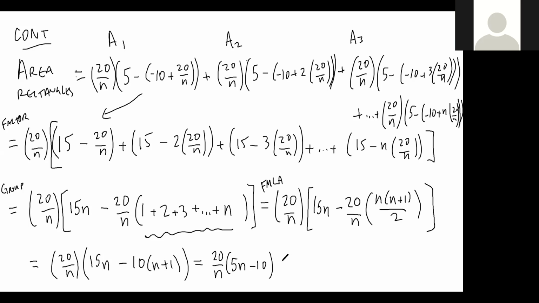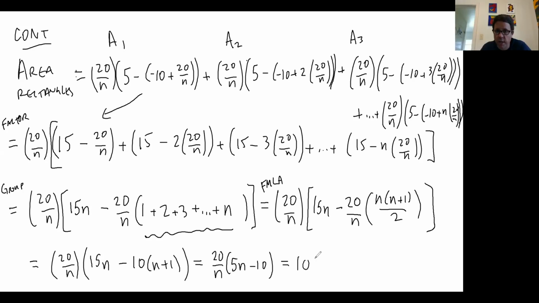So I'm going to do one more thing where I just distribute this through. If I distribute 20 over n times 5n, what do I get there? 100n over n, so 100.